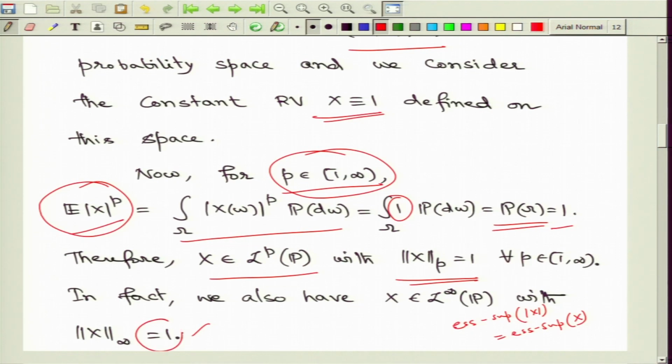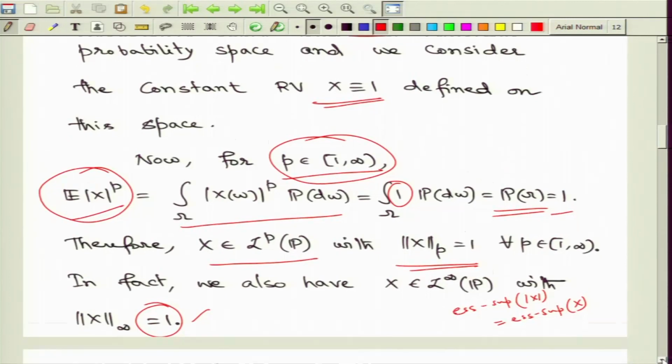Moreover, we can exactly compute it to be the number 1. So, now we have some examples of L infinity functions, L^p functions, and similar situations for random variables. Moreover, using other algebraic properties that we have discussed in terms of linearity and other properties, we can also construct other interesting examples of these L^p functions or L^p random variables.